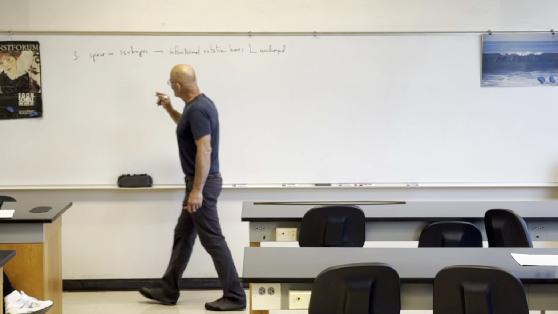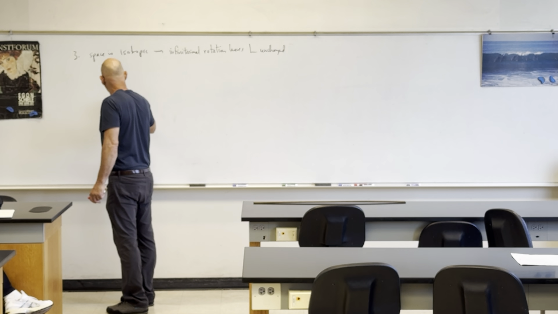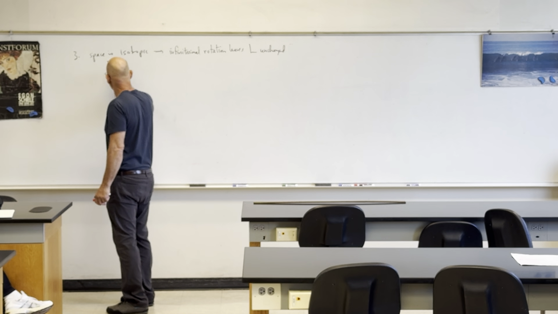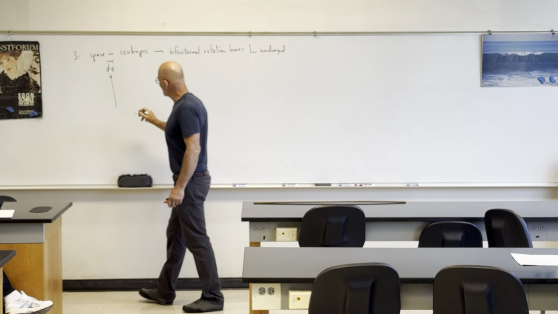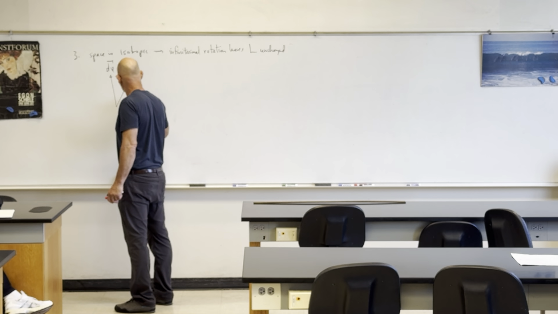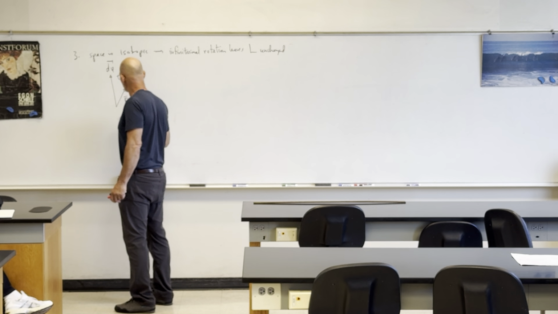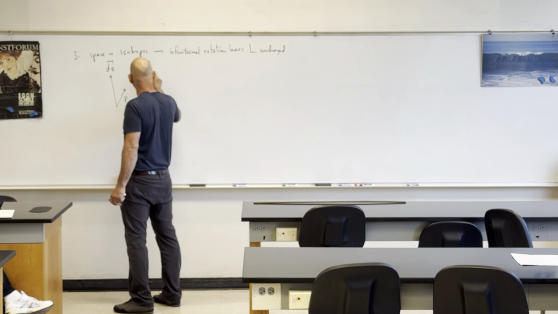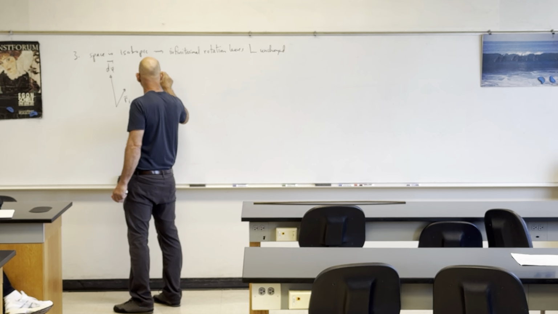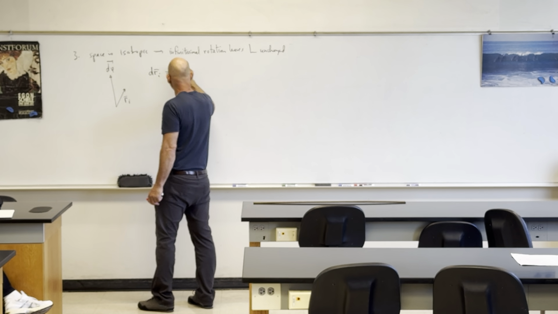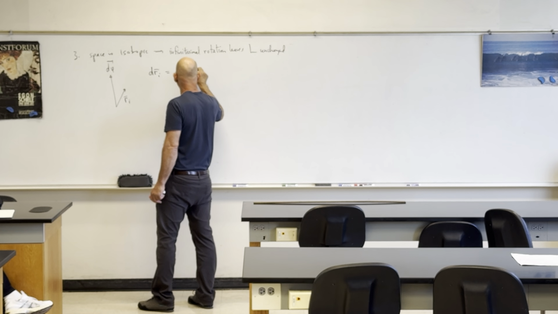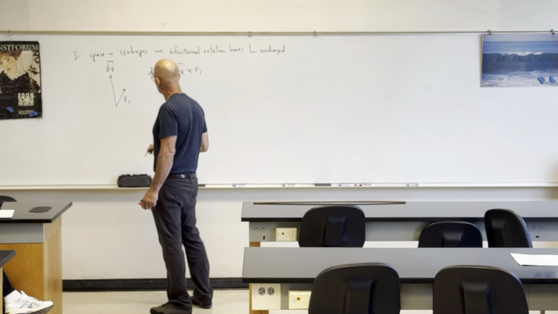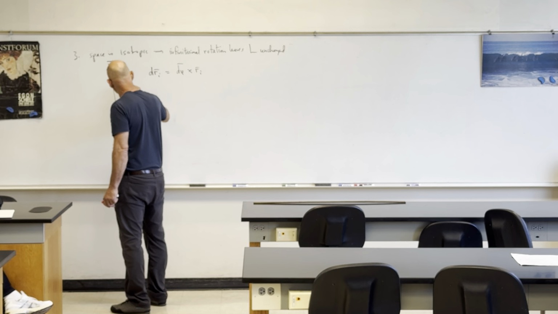So this infinitesimal rotation looks like this. We have a vector dφ, and we apply a cross product to r sub i right here. So we're going to get dr sub i equals dφ cross r sub i. Think of that as a cross product.